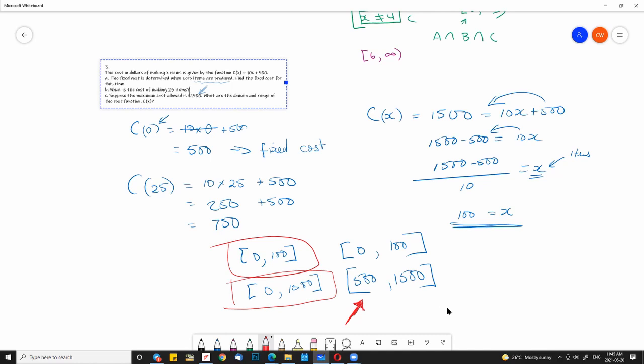The top of the range is 1500. The bottom of the domain is zero. And if we max out all the spending, we could only make 100. So the top of the domain is 100. Let me write this properly. And that's it for the written assignment.